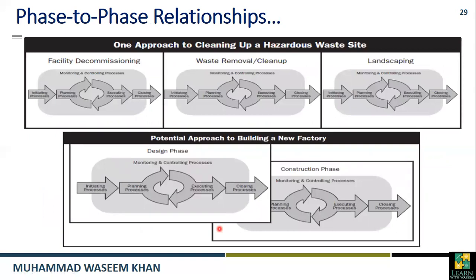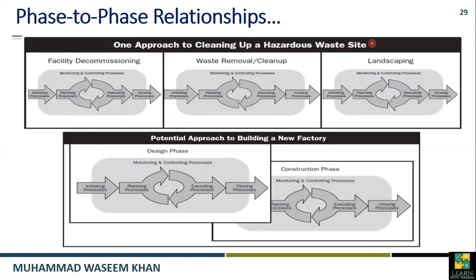So these are the phase-to-phase relationships. You can see the sequential relationship in this example of cleaning up a hazardous waste site. For example, you are working in a company, and you have the task to clean up the hazardous waste from the site.